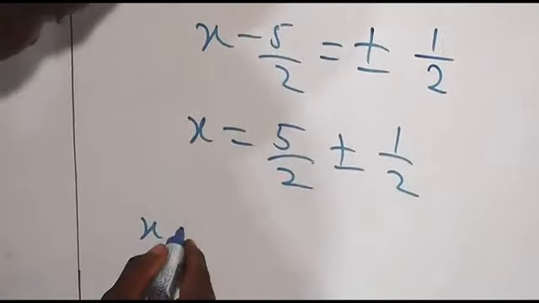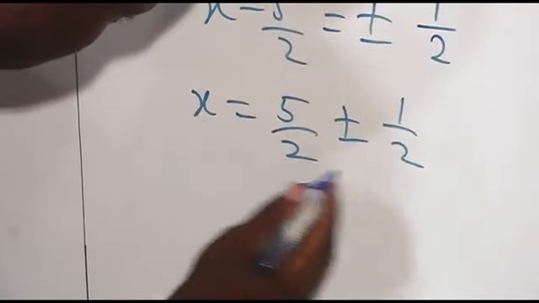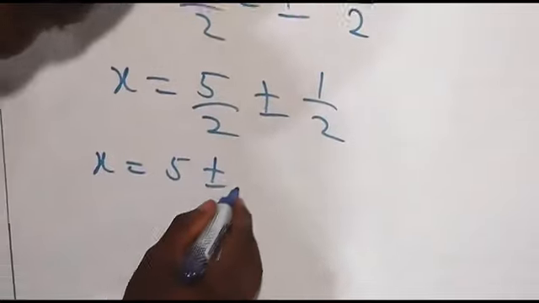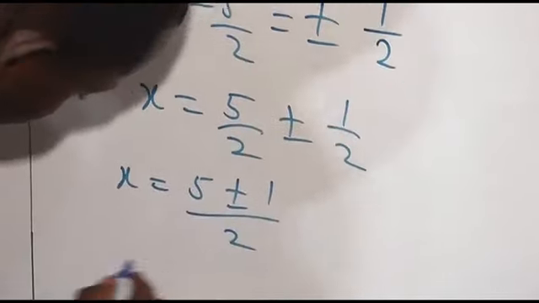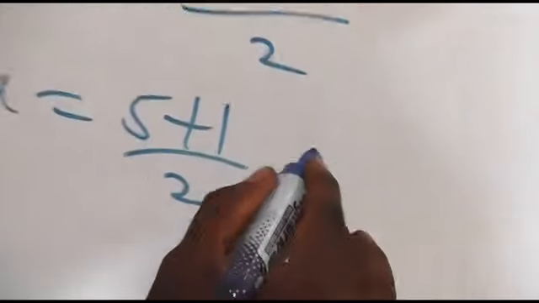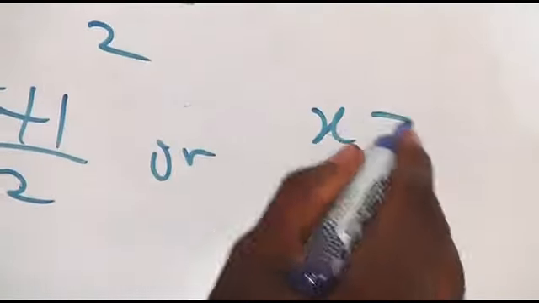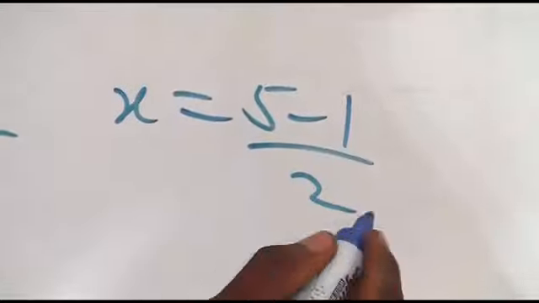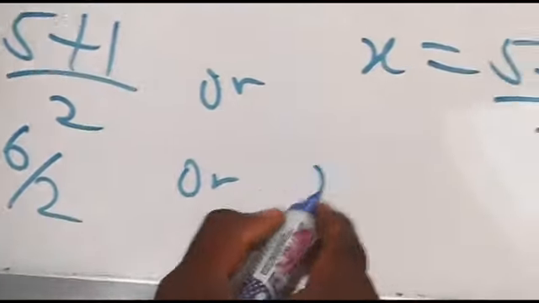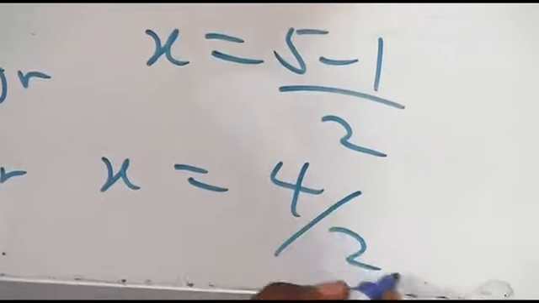So it means that by LCM, since these are like fractions, you have x equals 5 plus or minus 1 over 2. So it means x is equal to 5 plus 1 over 2, or x is equal to 5 minus 1 over 2. This will give 6 over 2, or x is equal to 4 over 2.